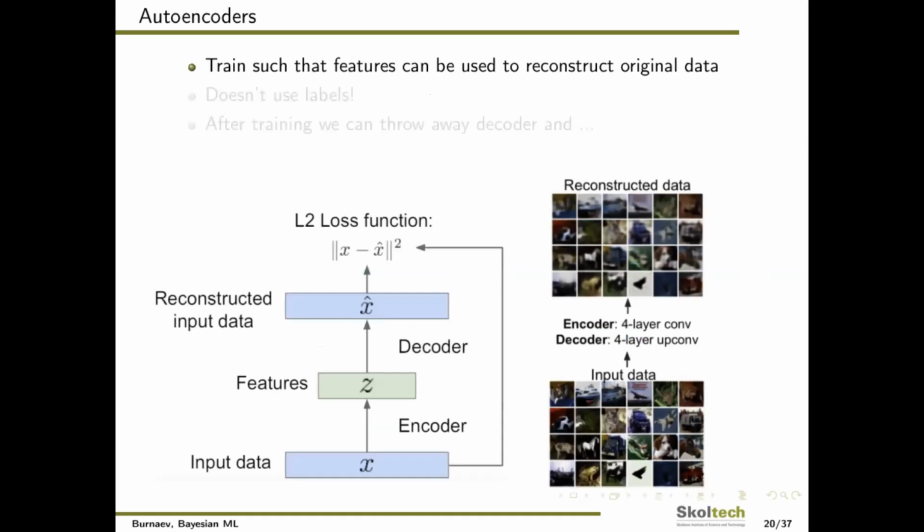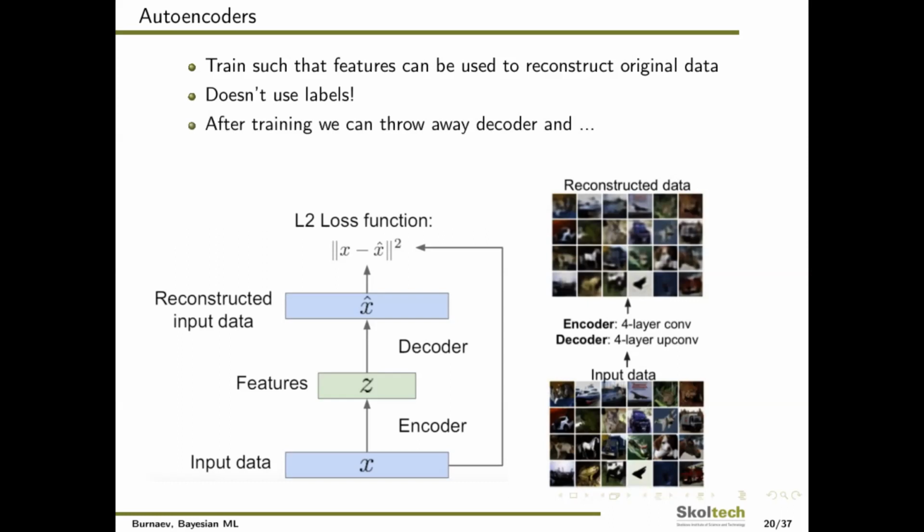The loss function for the autoencoder, as for many other models, is quite simple in its original form. The loss function is the difference between the initial x and this x hat. So we try to reconstruct the initial data, we define some architecture, we use backpropagation to calculate derivatives, and we use gradient descent to train the model.